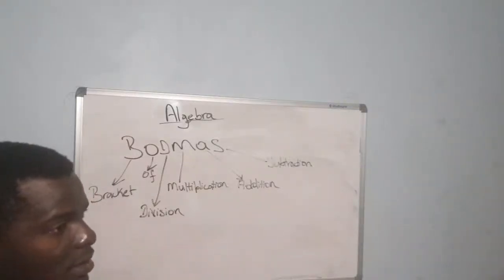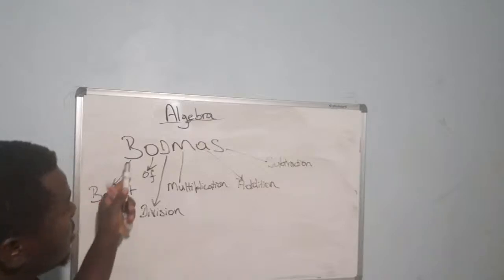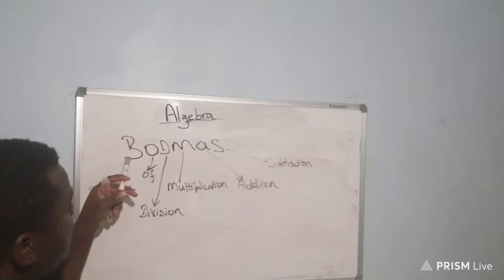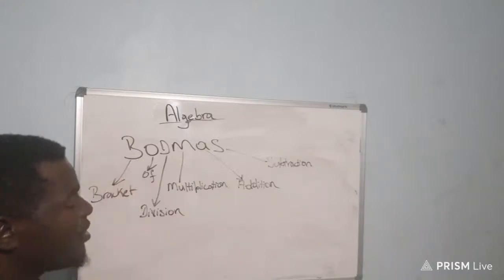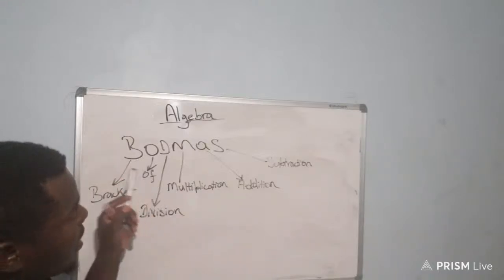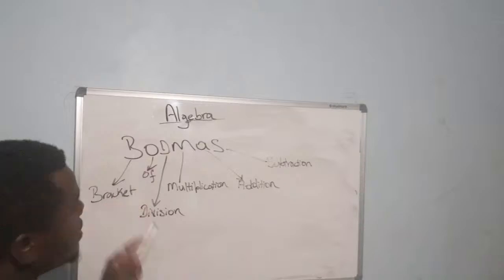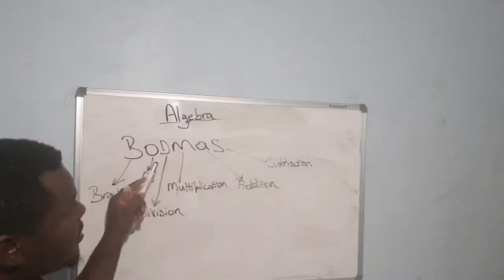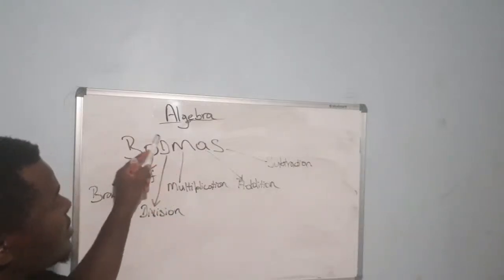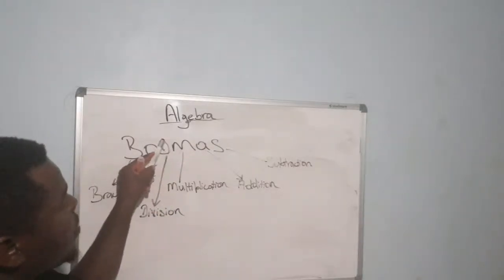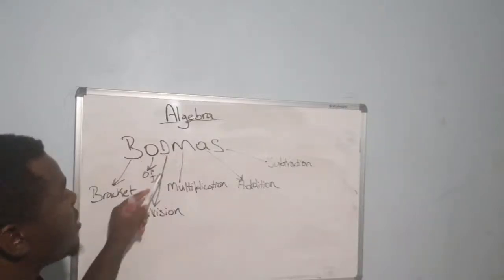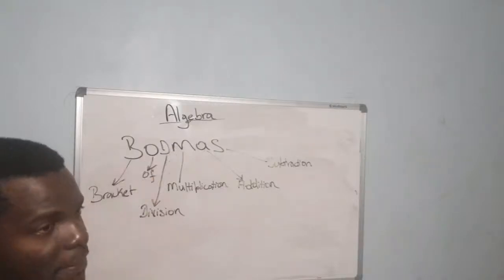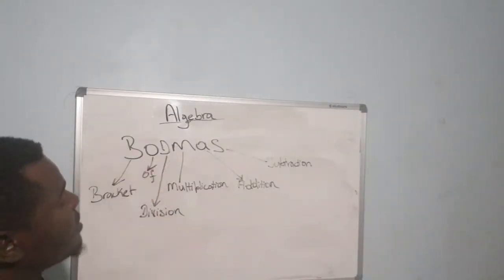So the rules as it relates to this word. When multiplying, for instance, the first thing you should attack when you have a problem is your bracket. Alright? And then if there's any division or multiplication, because this can go here or here. The same principle you apply when dividing, it's the same principle you apply when you're multiplying.